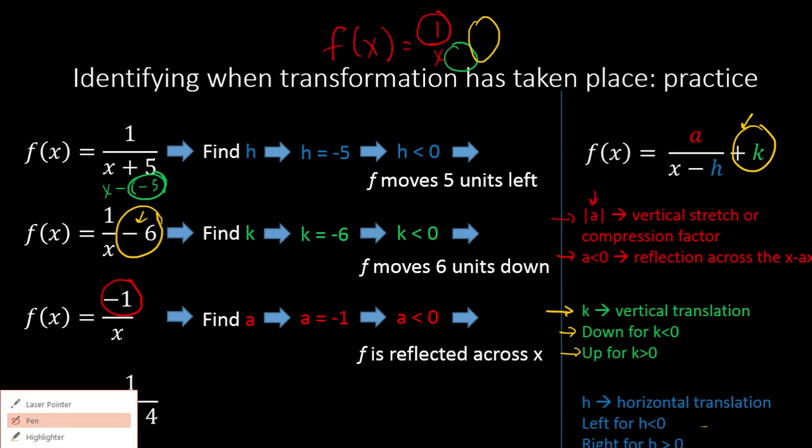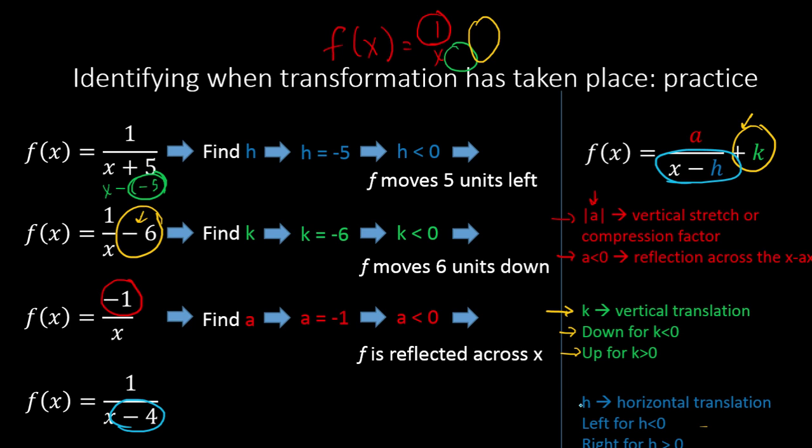Let's keep going. f of x equals 1 over x minus 4. What's happening here? Well, our numerator looks fine. We're not adding anything outside of this fraction, but I have subtracted 4 in the denominator. Notice that this, x minus 4, matches the form here, x minus h. So I need to identify h. h is equal to 4.